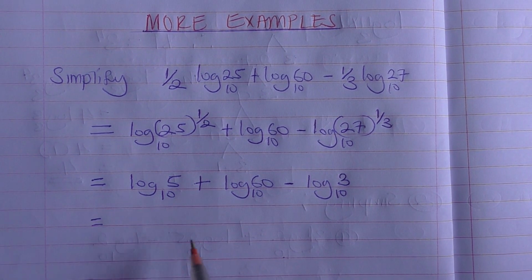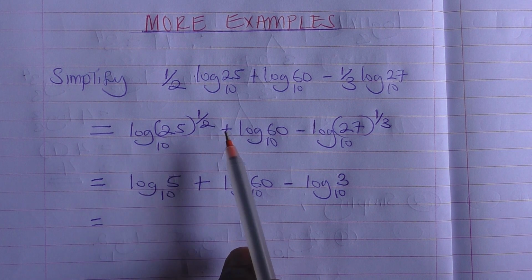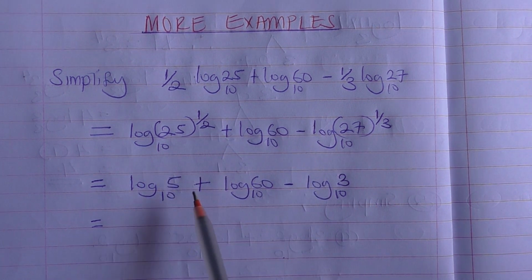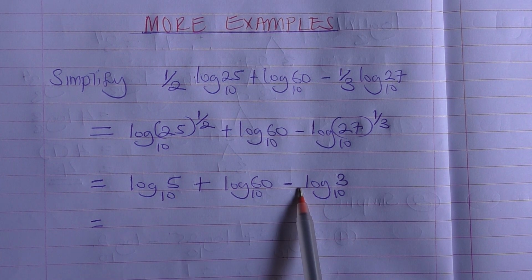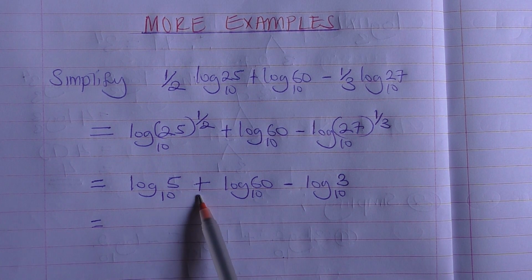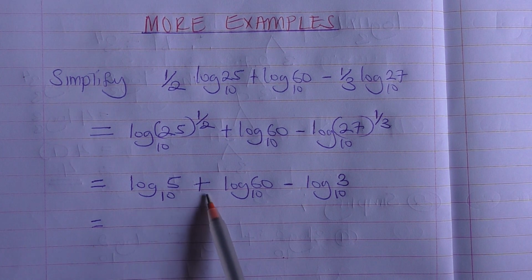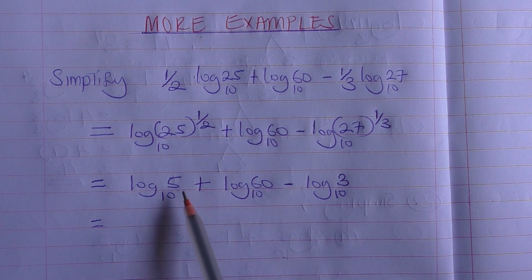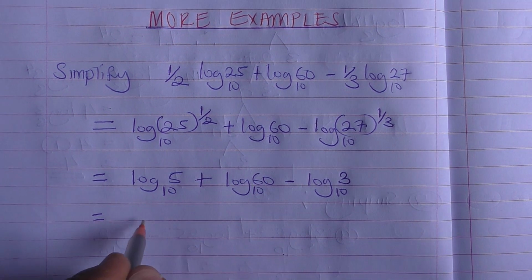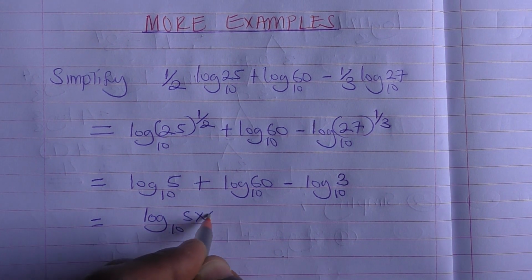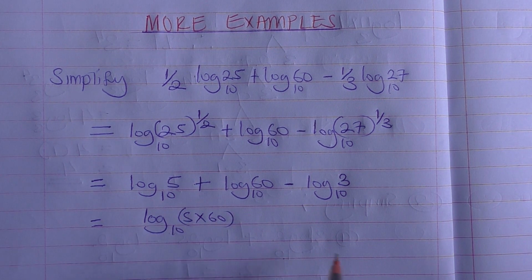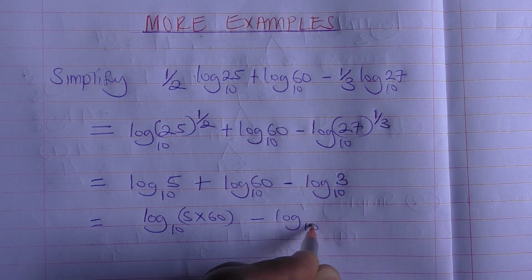Now we have simplified the powers and therefore we are left with addition and subtraction. But we are following BODMAS, so addition comes first. And thus, when adding logarithms of the same bases, we multiply the powers. That is to say, we shall have log 10 5 times 60 minus log 10 3.